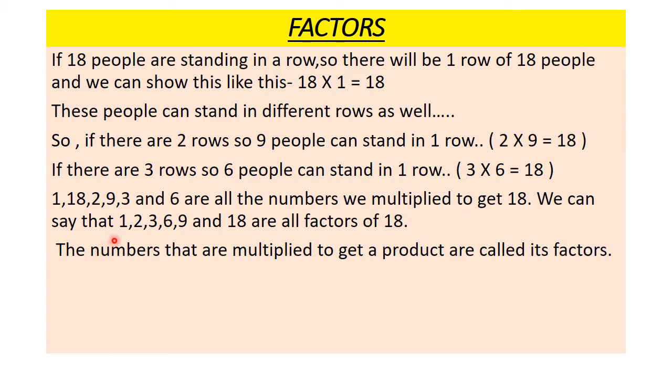And we can say that 1, 2, 3, 6, 9 and 18, all these are factors of 18. The numbers that are multiplied to get a product are called its factors, right? I have arranged them in ascending order. I hope this is clear to everybody.